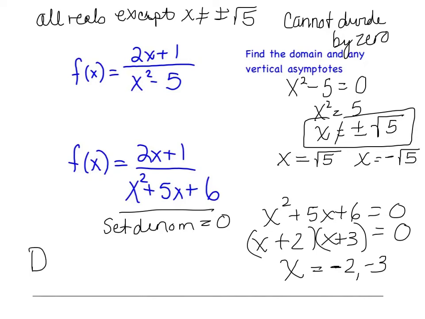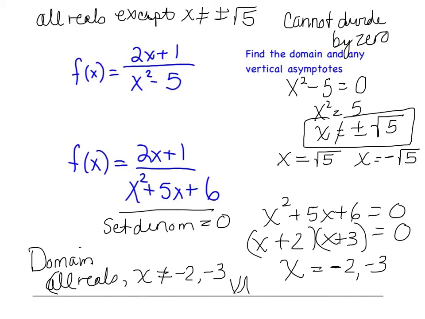So the domain of this function is all reals and x cannot be -2 or -3. Where are my vertical asymptotes? Asymptotes are lines. So the two equations of my vertical asymptotes, VA, are x equals -2 and x equals -3.